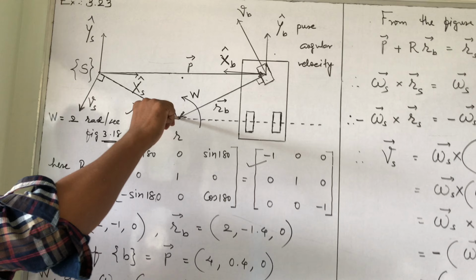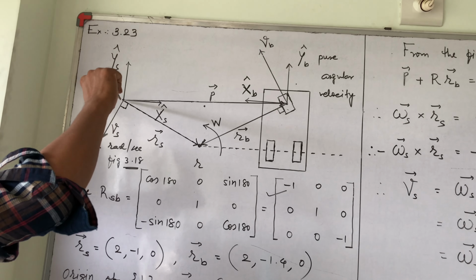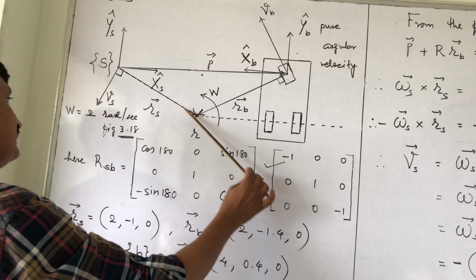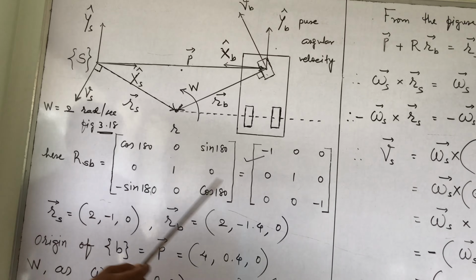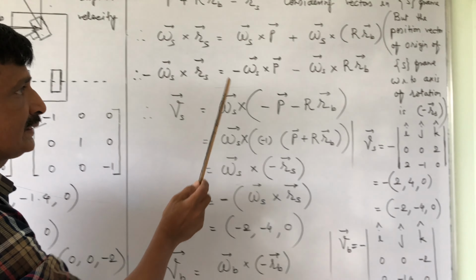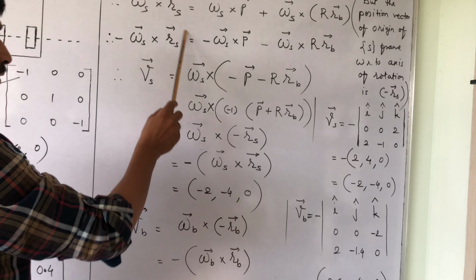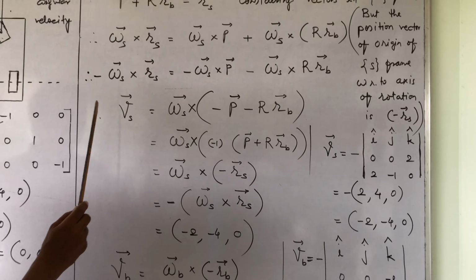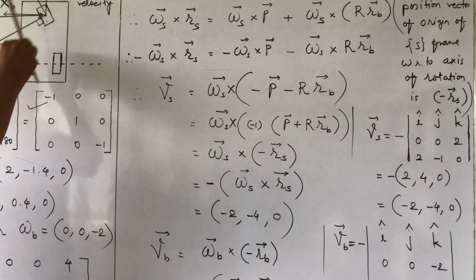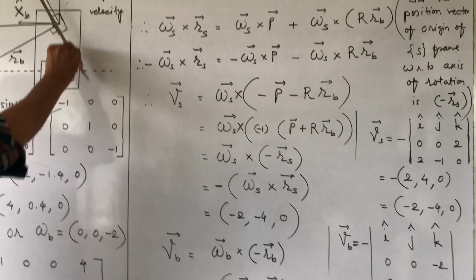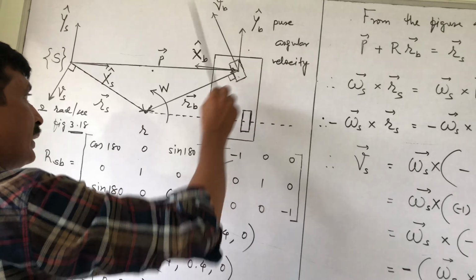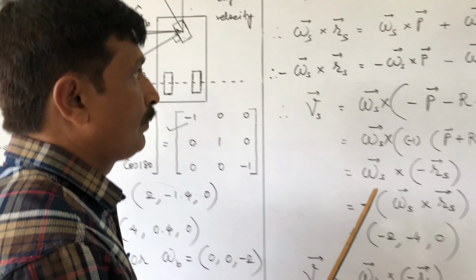Axis is here and the position vector of the origin of S frame is this, so it is minus RS. So I have multiplied with minus sign, and this gives Vs because here there is pure angular velocity, no translation velocity. The car is rotating about this axis, this point.